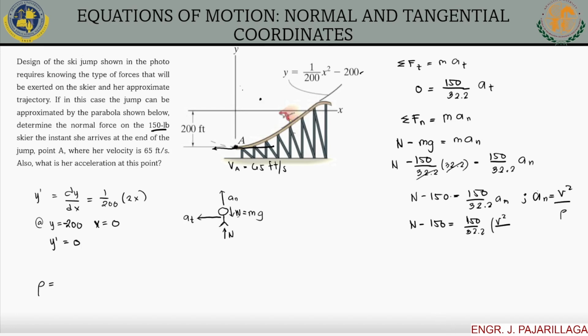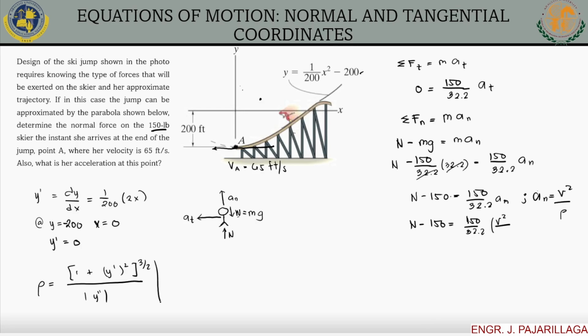The formula for the radius of curvature is 1 plus y prime squared, raised to 3 halves, over the absolute value of y double prime.